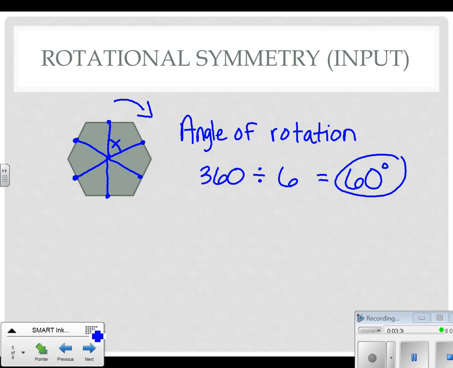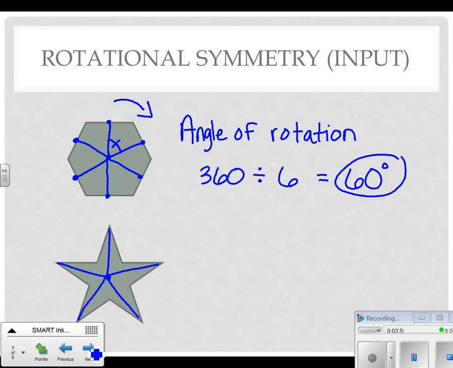So if we took the hexagon, just like I did here a little bit ago in the previous slide, if I took the hexagon, rotated it 60 degrees clockwise, it would look just the way it does right now. Same as if we did 60 degrees counterclockwise. If you take a star and you put a point in the center of that star, draw a line going to the point and all the other points that look just like that, we see that we have a total of 5 lines.